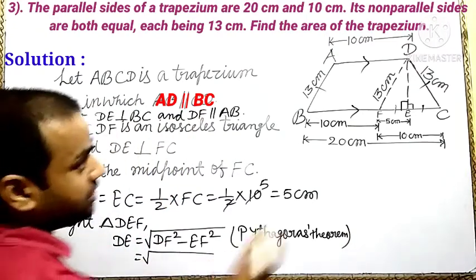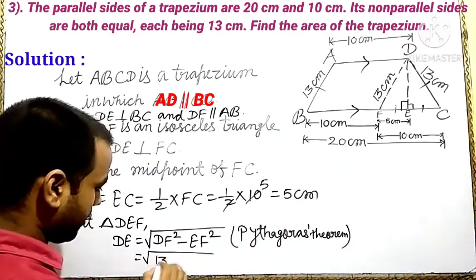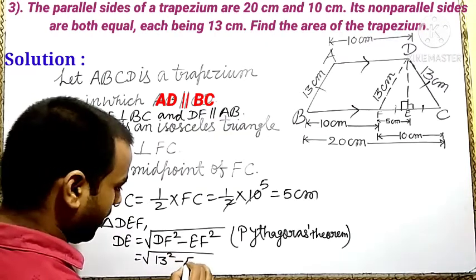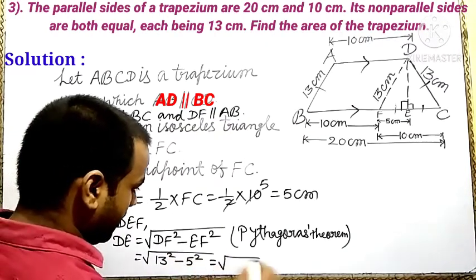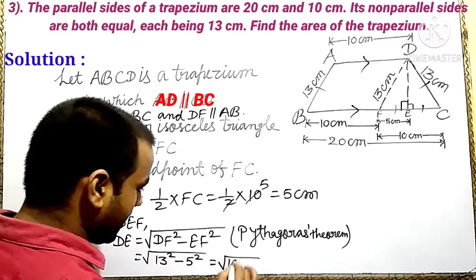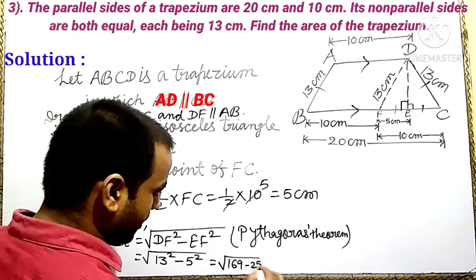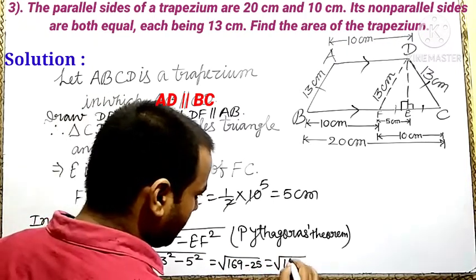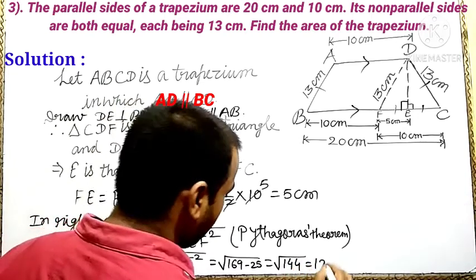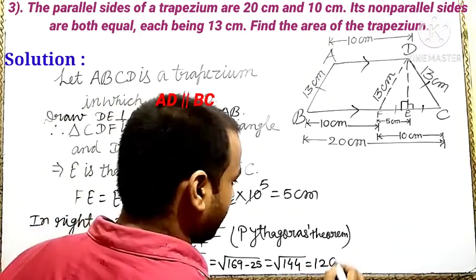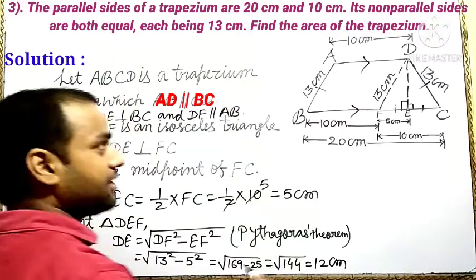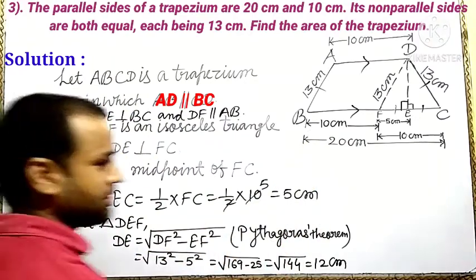So here DF is equal to 13, square of 13 is 169, EF is equal to 5, square of 5 is 25. We get square root of 144 is equal to 12 centimeter. So here we find the height DE is equal to 12 centimeter.